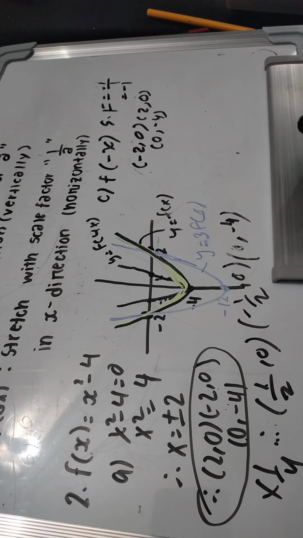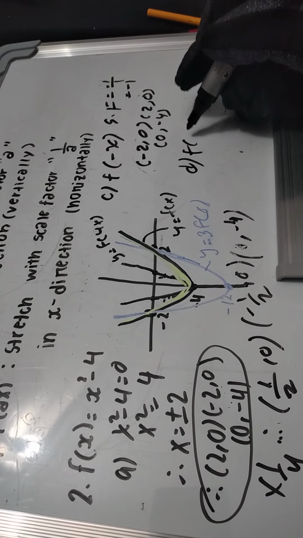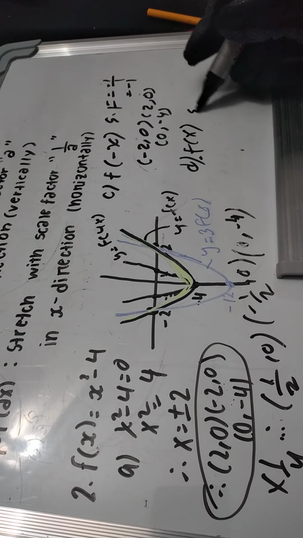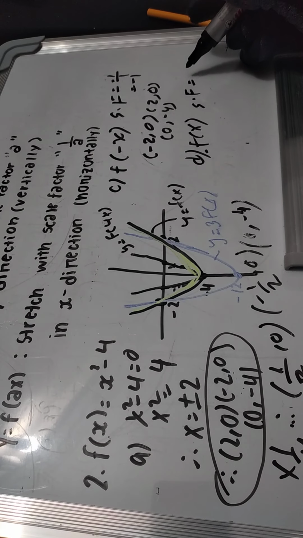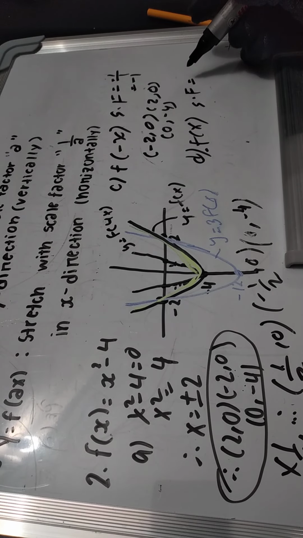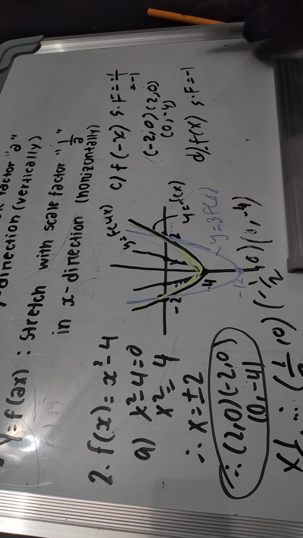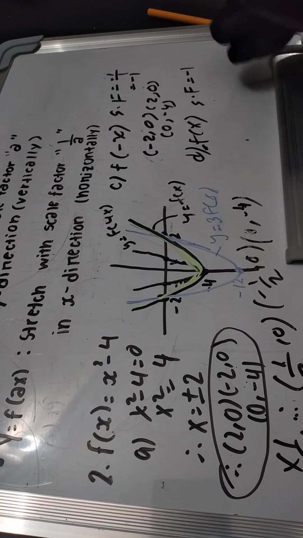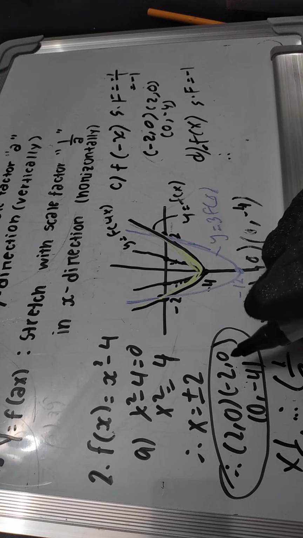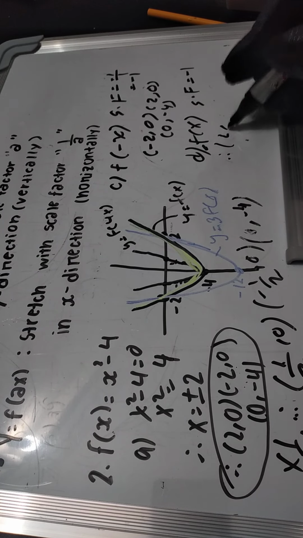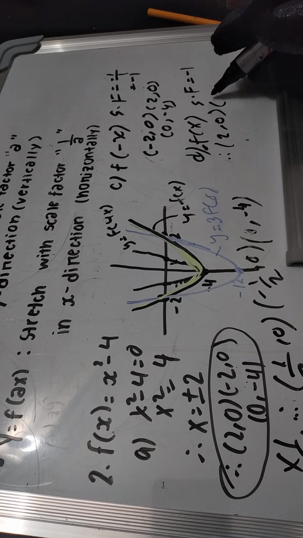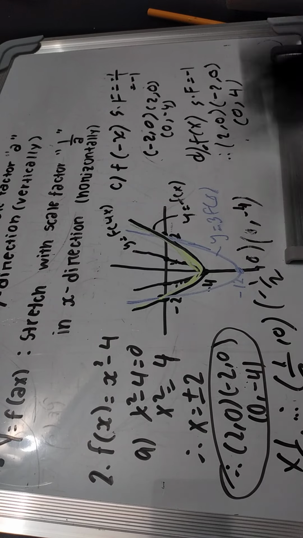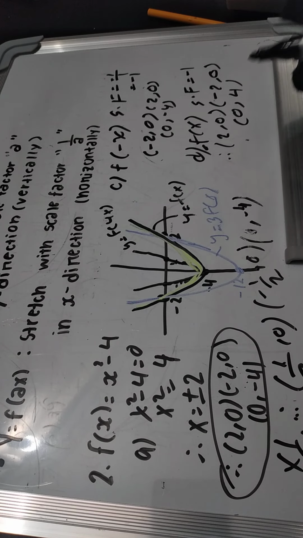Lastly, the next part asks for -f(x), so it will move by scale factor -1, but this is vertically. Therefore, I'll multiply -1 with the y coordinates of f(x), which will give us (2, 0), because 0 multiplied with -1 is still 0, (-2, 0), and lastly (0, 4), because if we multiply -4 with -1, it will give us 4.